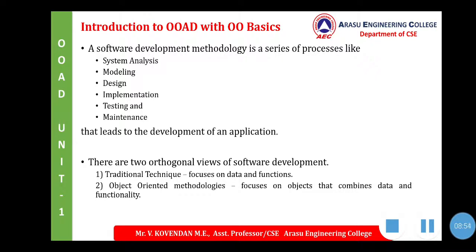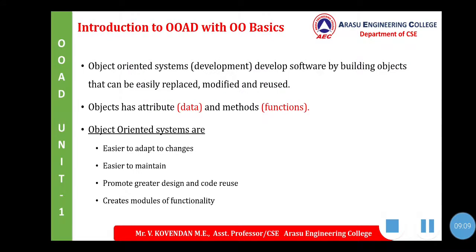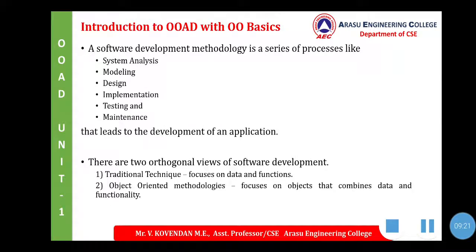But the second method is the object oriented methodology. This focuses on objects, that is, a combination of the data and the functionality. In object oriented system development, the developer builds software from objects that can be easily replaced, modified, and reused.